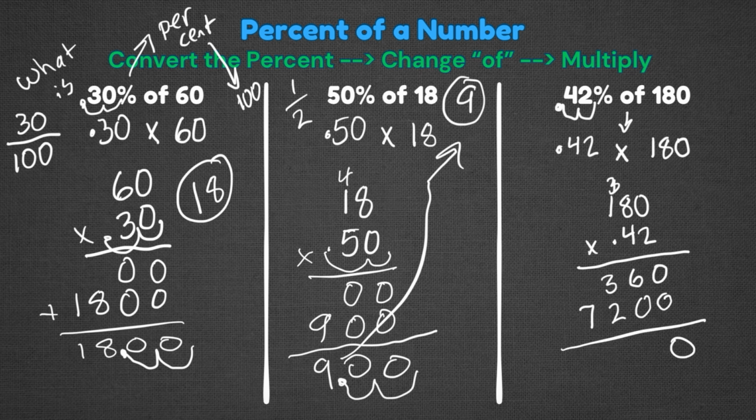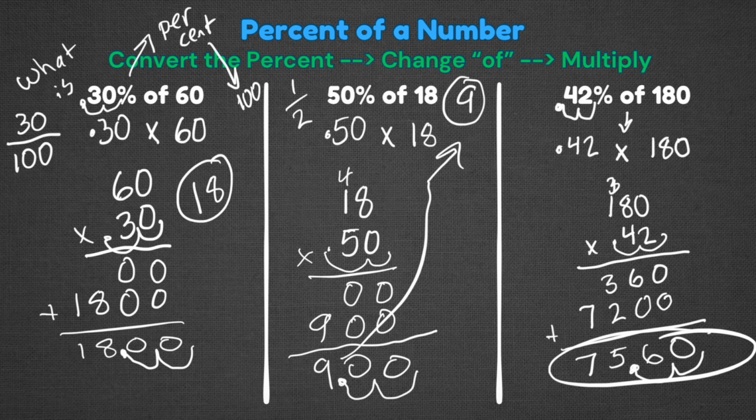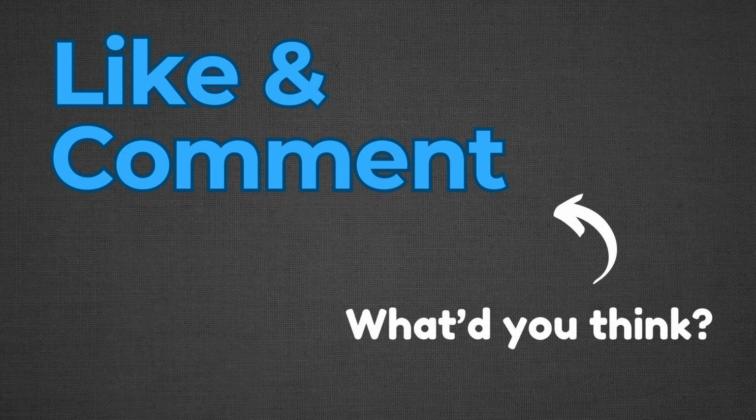If I add this together, then I have 7,560. That feels too big. Oh yeah, there needs to be a decimal. The answer for 42% of 180 is 75 and 6/10.